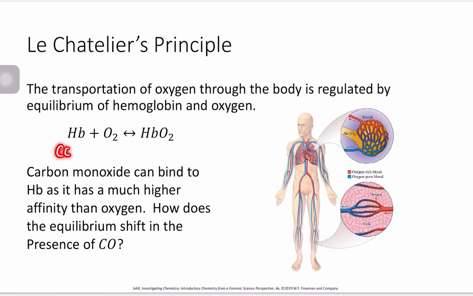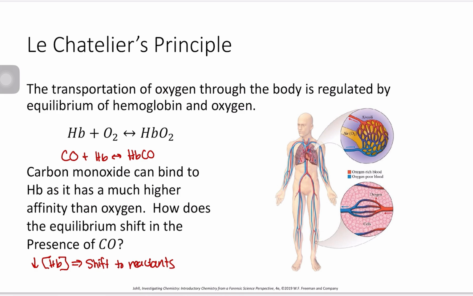So carbon monoxide is going to come along and bind with the hemoglobin. And in doing so, it decreases the concentration of hemoglobin. So if I decrease the concentration of hemoglobin, then according to Le Chatelier's principle, we will see a shift to the reactants.